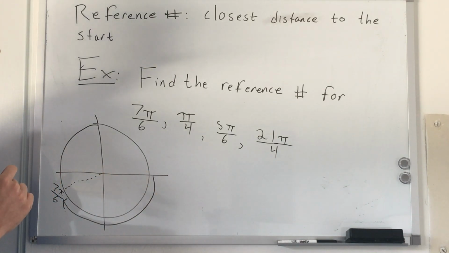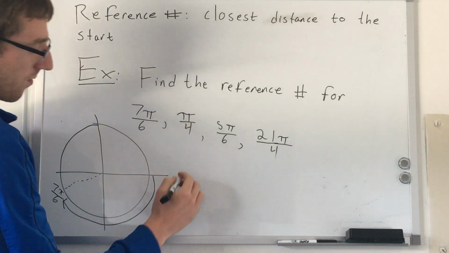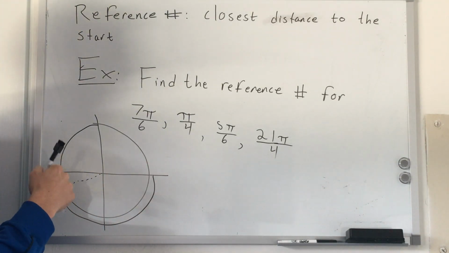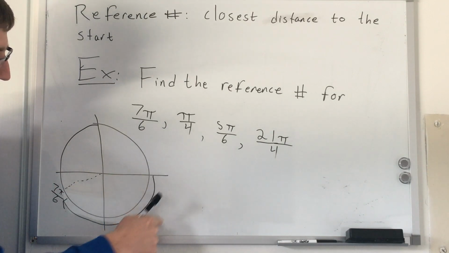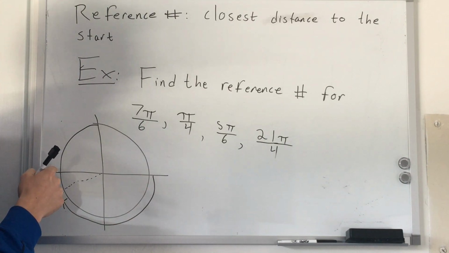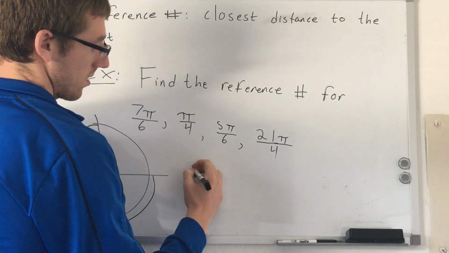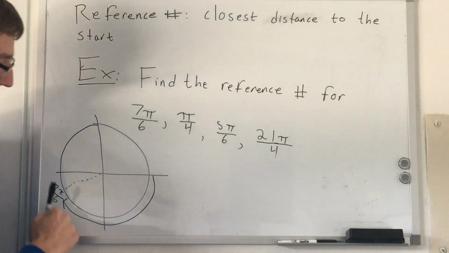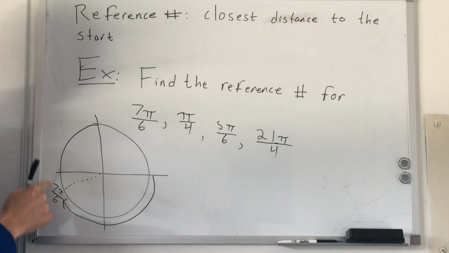We're going to go from 0 to π, we're just going to go backwards. So really, how far away from π are we?